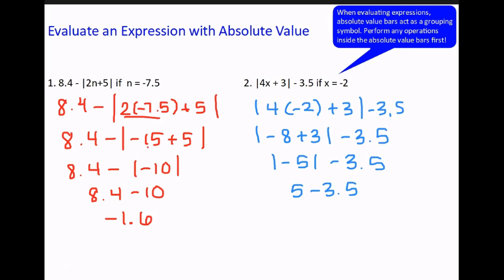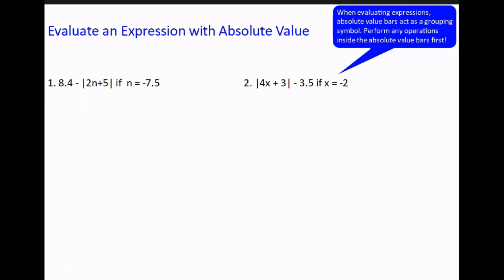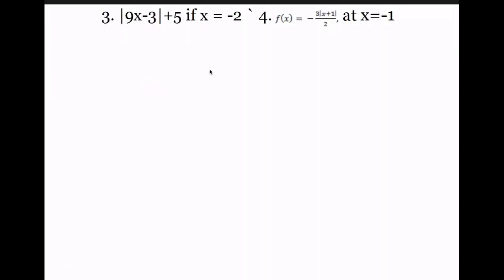And 5 minus 3.5 is 1.5. Okay? Similarly, in number 3, we're going to replace x with -2. And simplify.